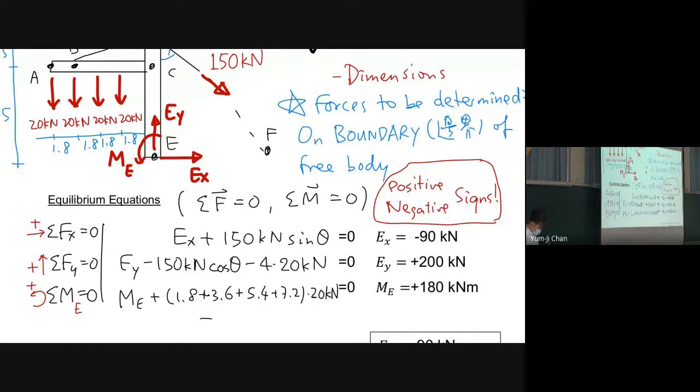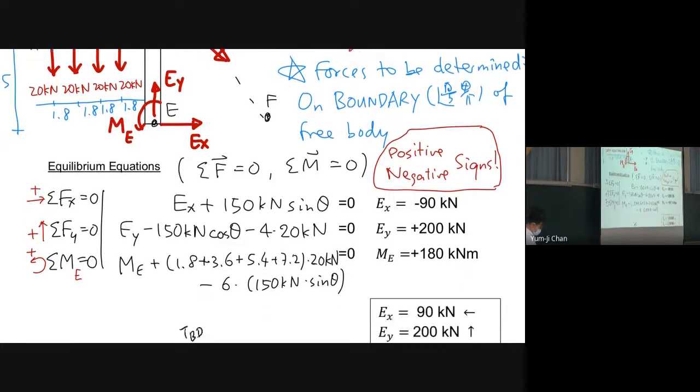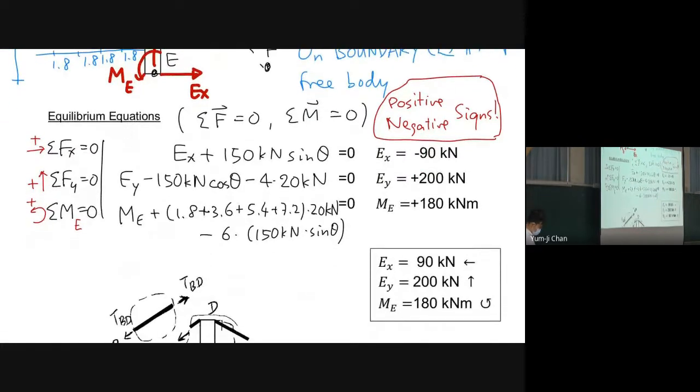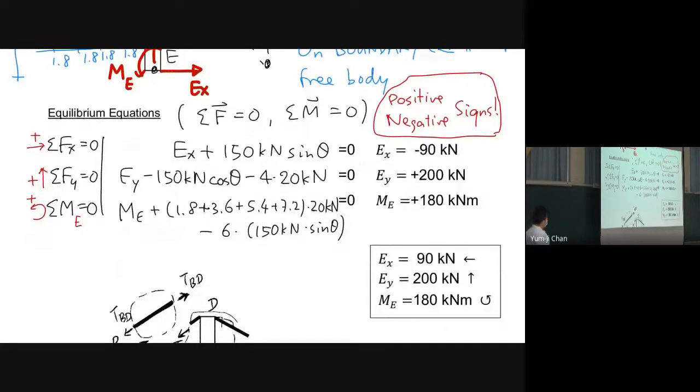So we have 6 times 150 kilonewton times sine theta equal to 0. And I think you can work on the numbers and get these 3 right.